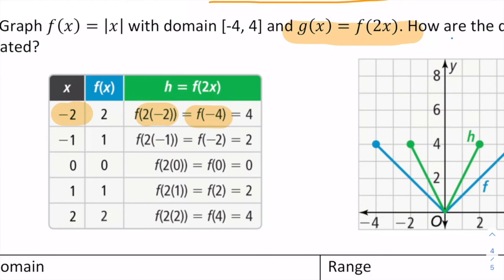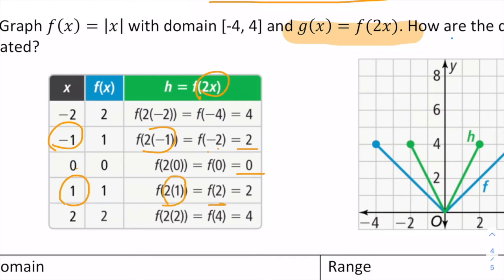Over here, I'm going to take negative 1, and I'm going to multiply that by 2, because it says multiply all the x's by 2. And when we plug in negative 2, the absolute value of negative 2 is 2. Well, 0 is nice because 0 times anything is 0, and the absolute value of 0 is still 0. Now we go back over to the positives. 1 times 2 is 2.